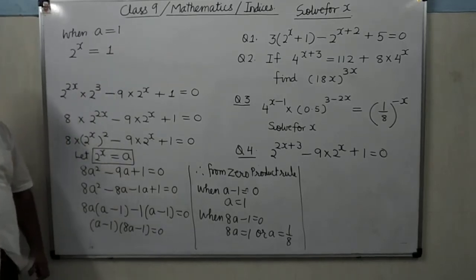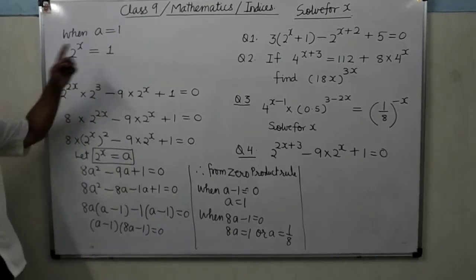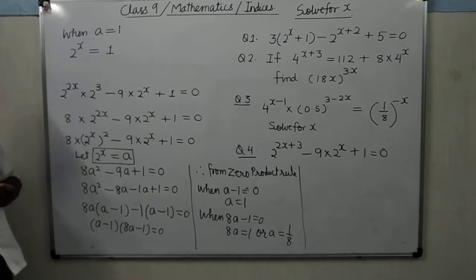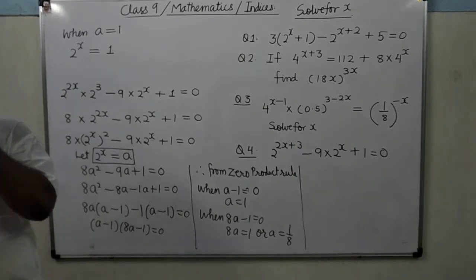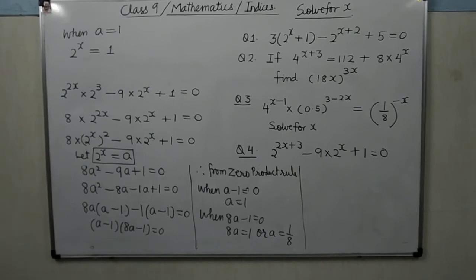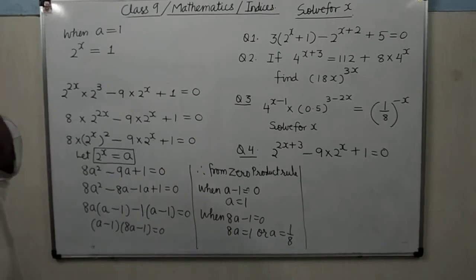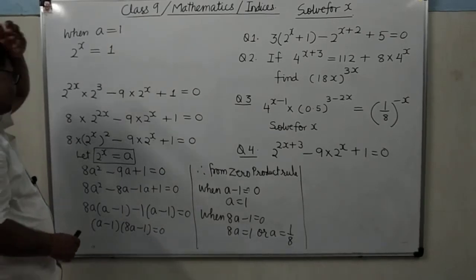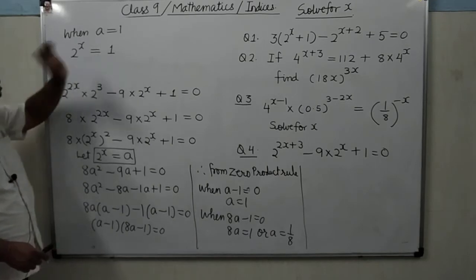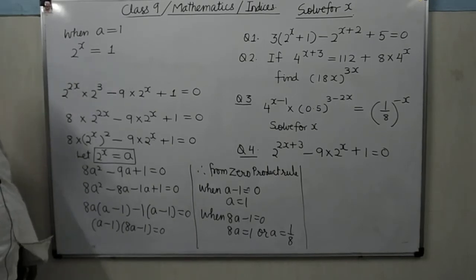Now see here, we will write the right hand side also in the power form. Now what will you write so that the value comes? And how will you write it in the power form? You will write it in the power form in such a way that the base is 2. The base should be 2.